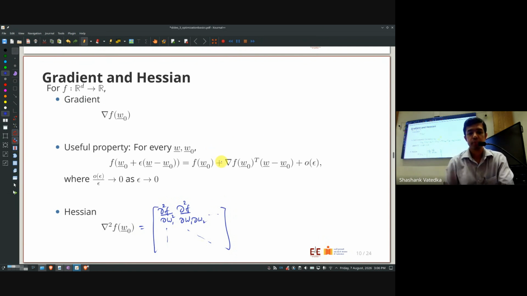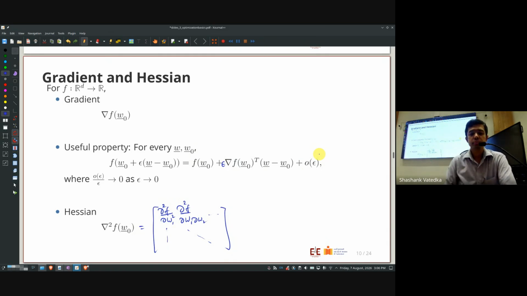Yes, there should be an epsilon. That's correct. So this should be f of w0 plus epsilon times this inner product, plus some function that decays faster than epsilon.